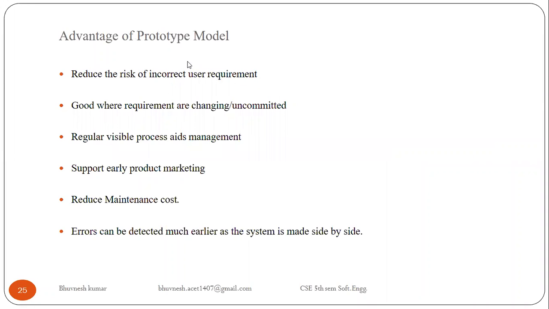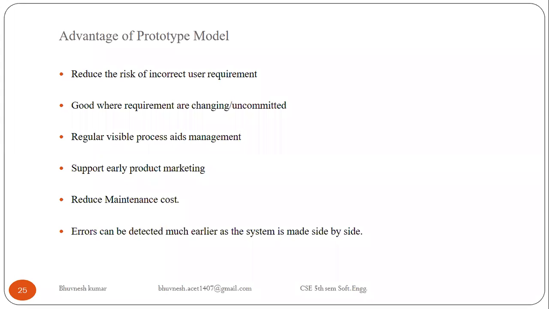The advantage of the prototype model is that it reduces the risk of incorrect user requirements. Because in a prototype, we take proper suggestions from the customer, the user. Then after accepting the dummy from the customer, we go for our actual product.